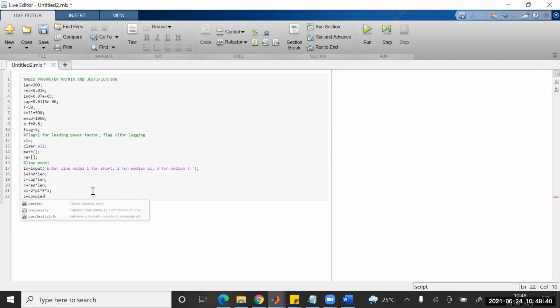Whenever you have to write complex, you'll have to write this. This will be your R, comma, it will be your XL. So this is your Z.